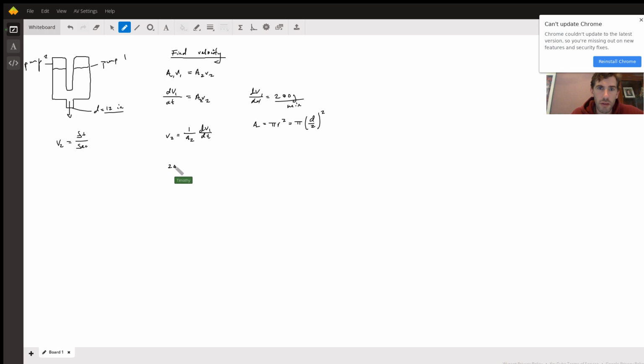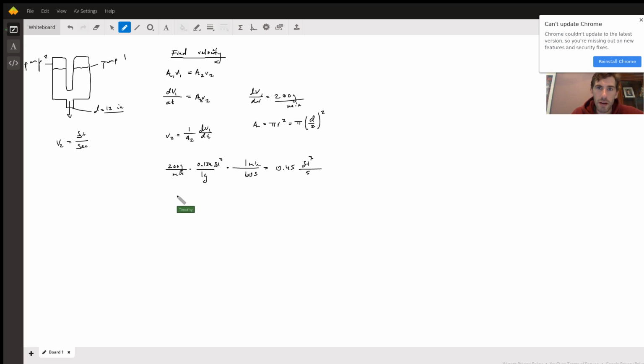So we'll say 200 gallons per minute times 1 gallon, and there's 1 gallon for every 0.134 feet cubed, times 1 minute per 60 seconds. And that should come out to something like 0.45 feet cubed per second.